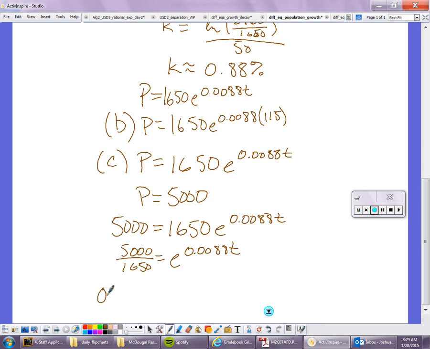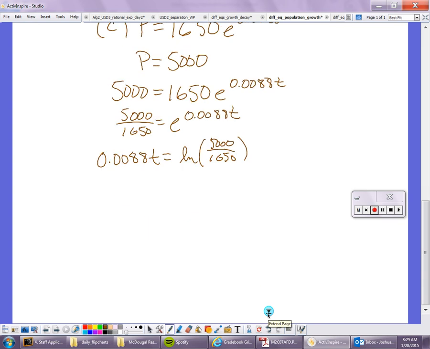So I end up with 0.0088 t equals natural log of 5,000 over 1,650. And then I want to get t by itself, so I get 1 over 0.0088 times natural log of 5,000 over 1,650.